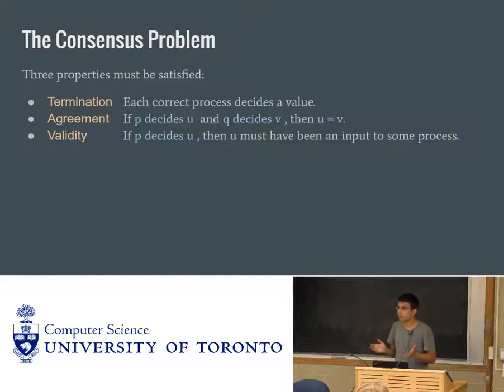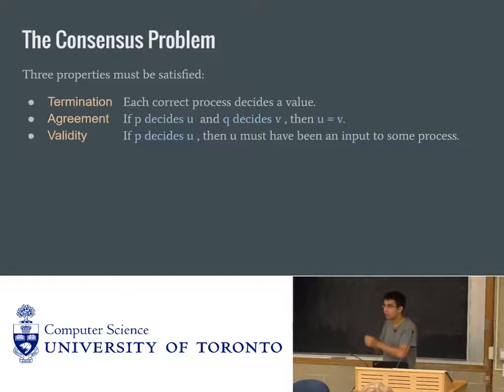Why is consensus important? Well, if you take it at its bare bones, consensus means agreement. If processes can agree, they can actually accomplish a lot of things between themselves. One very important property of consensus is called the universality of consensus. If n processes can solve consensus amongst themselves, then they can implement any shared object between those n processes.